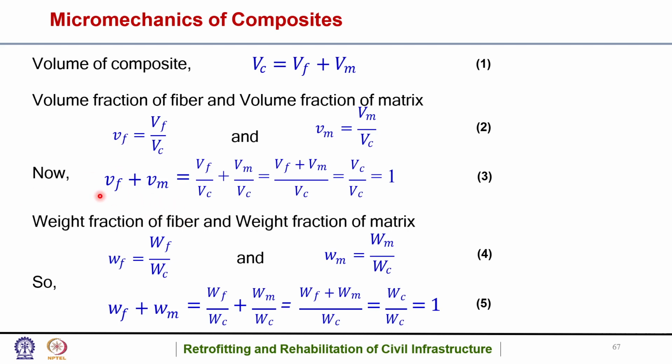So small vf plus small vm equals capital VC by capital VC, which is 1. Similarly, the weight fraction of fiber is small wf equals capital WF by capital WC, and small wm is capital WM by capital WC, and adding both terms again gives 1.